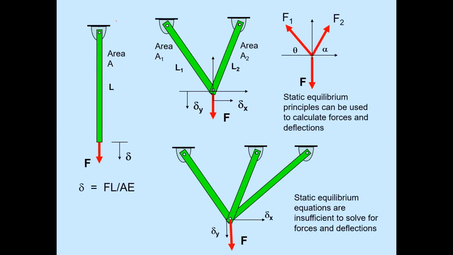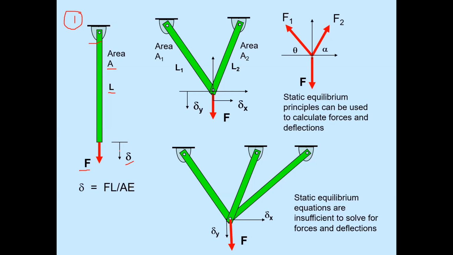So this is our first problem. What is it showing? It is a rod of length L, area A, subjected to an axial force F, and it is hinged at the top section. Now, when it is pulled by a force equal to F, there will be some deflection. We call the deflection delta.